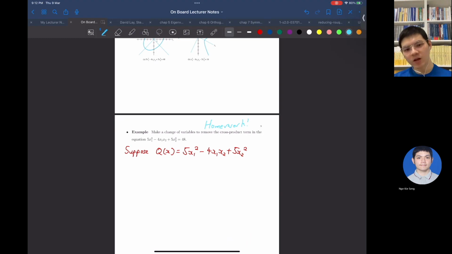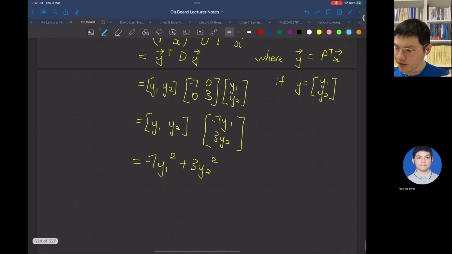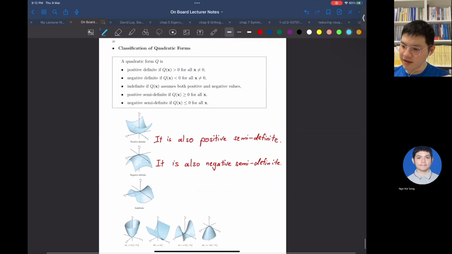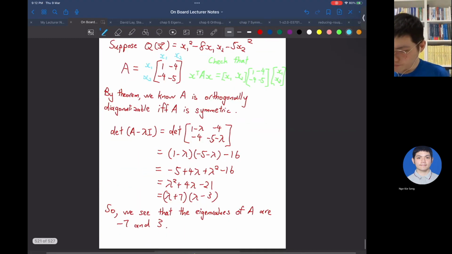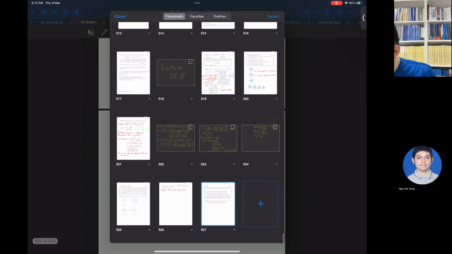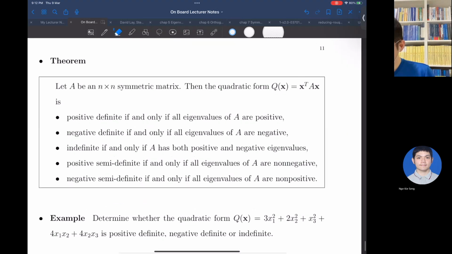Okay. So the key reason why we make it all into square terms only is because in this way, we can easily determine whether a quadratic form is positive definite, negative definite, or indefinite. Okay. Let's look at this result here. So there's a theorem here.